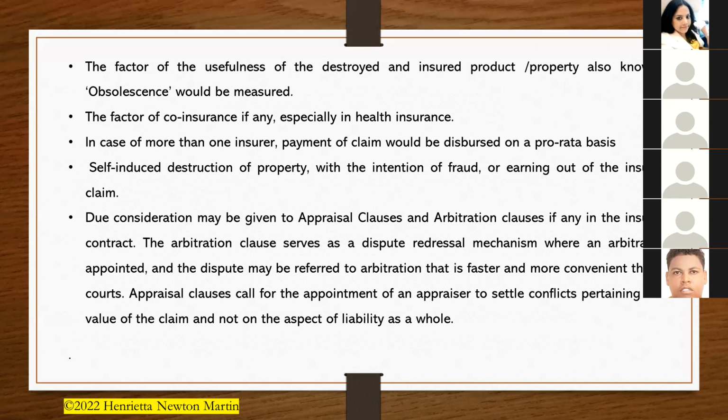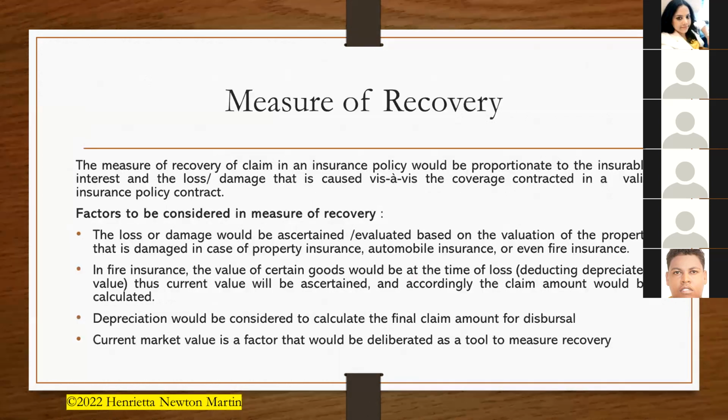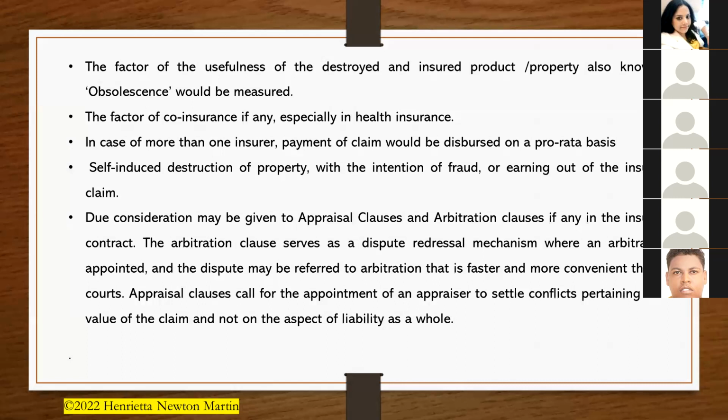In case there is fraud and a person deliberately does something, then it would not be considered for honoring any claims, or the insurance company would reject such claims. So why are we talking about it here? We are talking about how recovery is measured, that is how claims are measured. So self-induced destruction of property will not be considered, obviously, if it has the intention of fraud or earning out of the insurance claim.